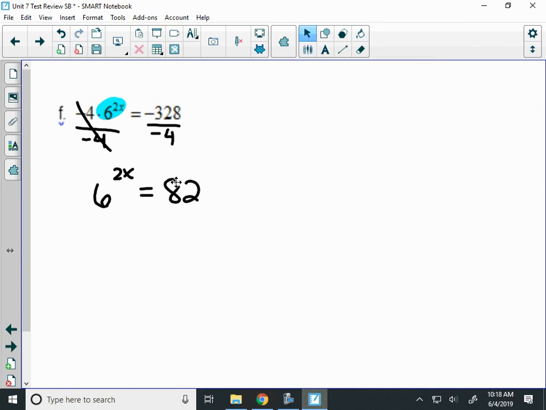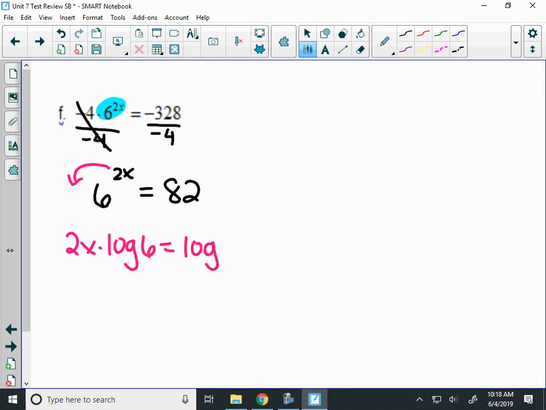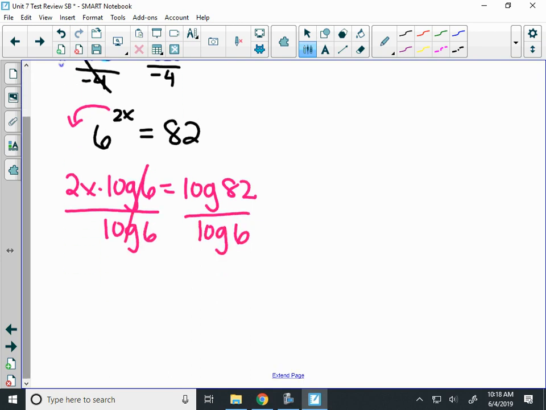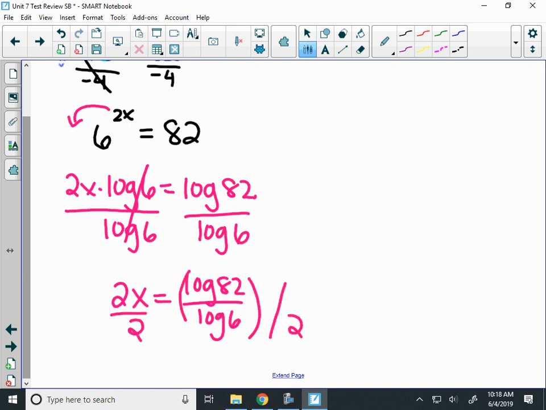Now I can use the logarithm. The 2x comes down in front. I'm going to divide by the log first. Don't do anything with the 2 yet. Just divide by log of 6. You'll have 2x equals log of 82 over log of 6. Don't type this in yet because we want to divide by 2 first.